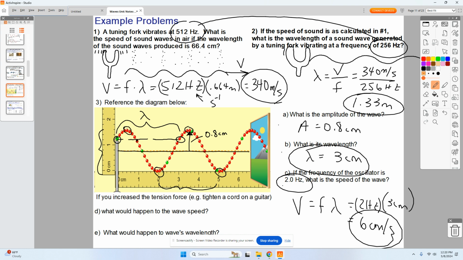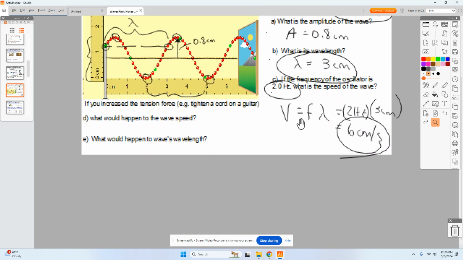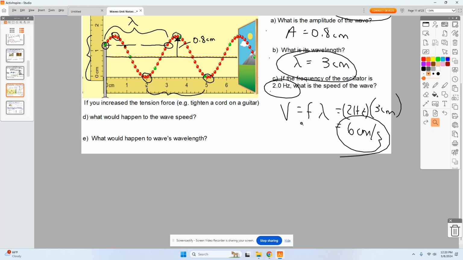Okay, those of you that were paying attention yesterday, which was everyone, you can answer this question based on Ian and Mai's demonstration at the end of the hour. If I take that cord and I make the tension tighter, so I tighten the tension, what will happen to the speed of that wave? Instead of 6 centimeters per second, will it go up, down, or stay the same? Turn to the other person next to you.